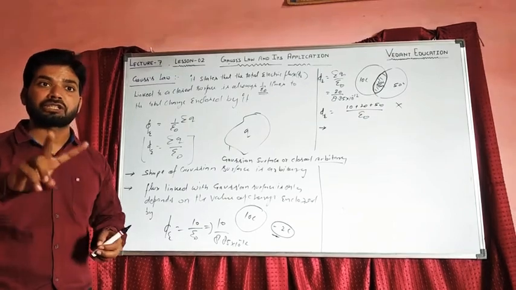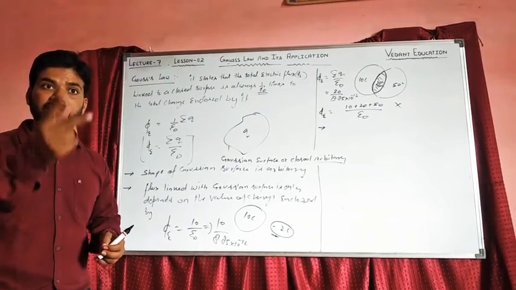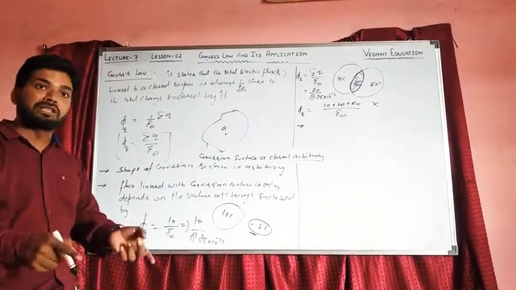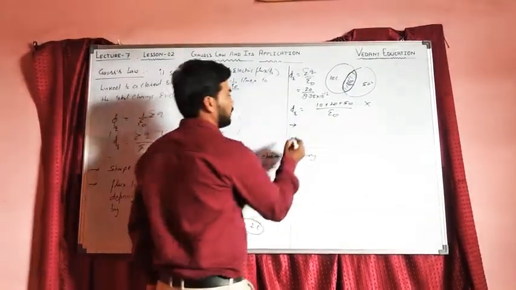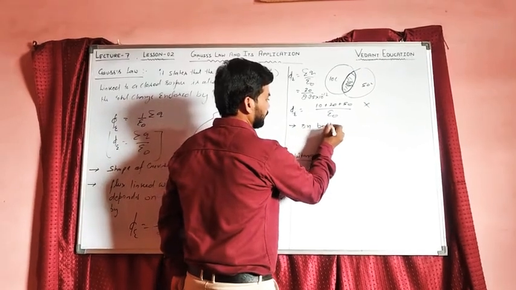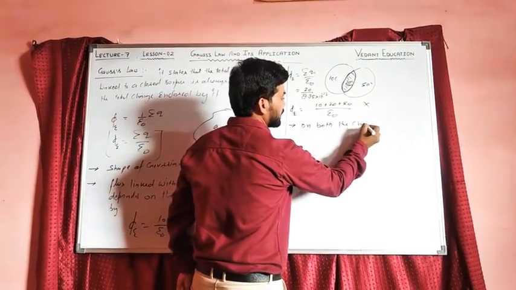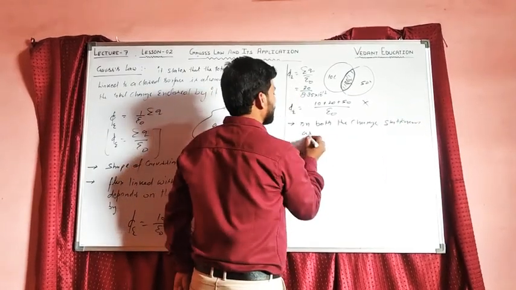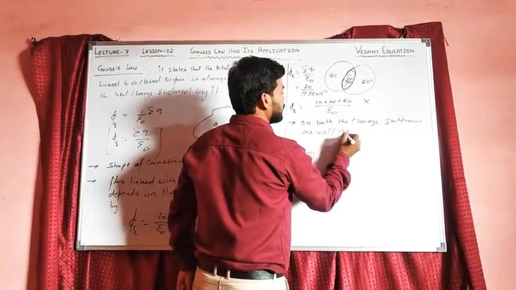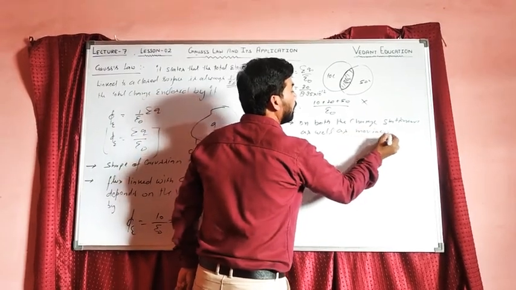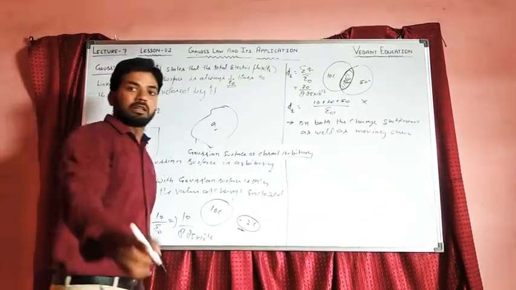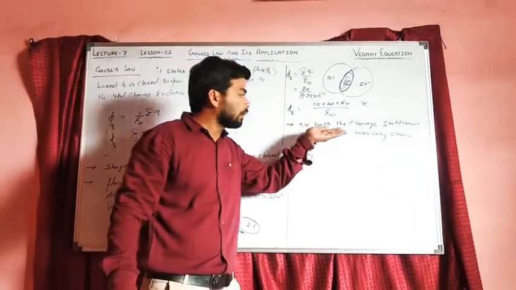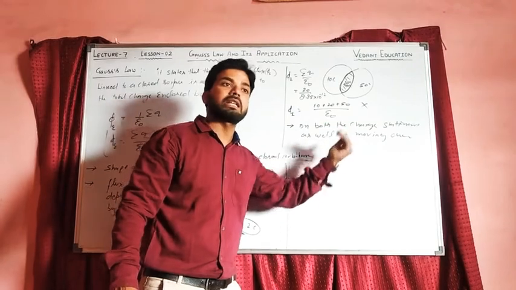Coulomb's law defines the force between two point stationary charges. But Gauss's theorem is applicable to both stationary as well as moving charges, right? Gauss's theorem or Gauss's law is applicable to both states of the charges, rest and motion.